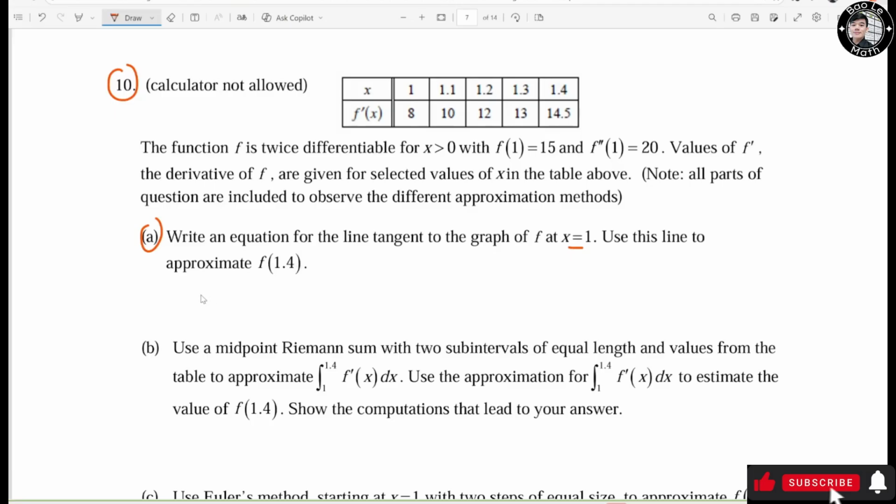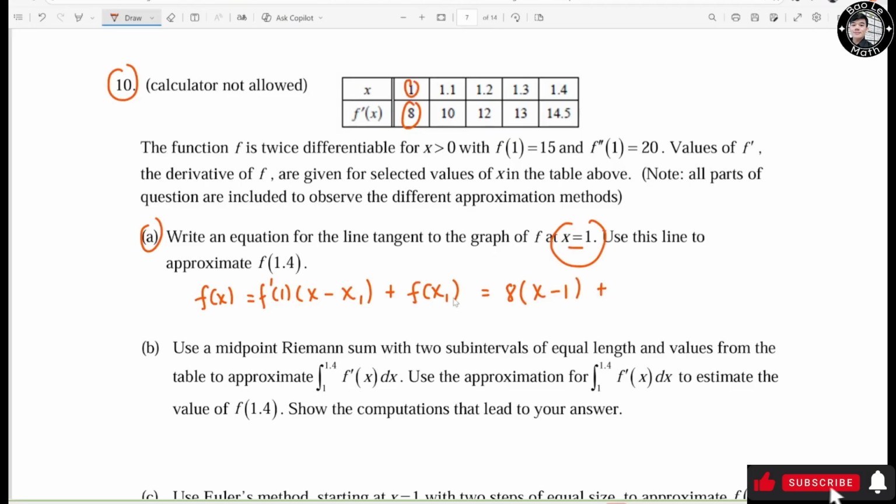So we have f of x equals m times x minus x1 plus f of x1, right? x equals 1, so we have the slope, which is f prime of 1, right? But f prime of 1 is 8, right? Times x minus 1, right?